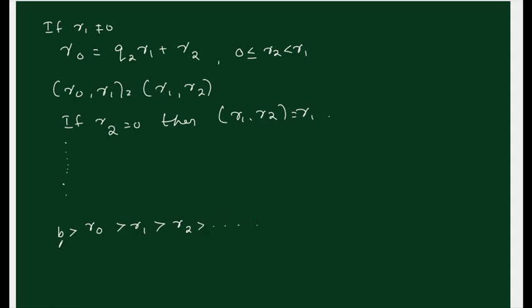But in each and every step, B is greater than R0. Therefore, R0 is less than B by at least 1. R1 is less than R0 by at least 1. Therefore, we definitely reach a stage when the remainder becomes equal to 0 at some Rk.